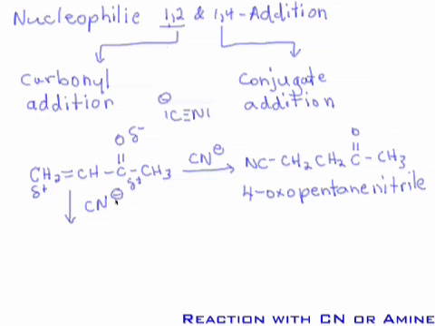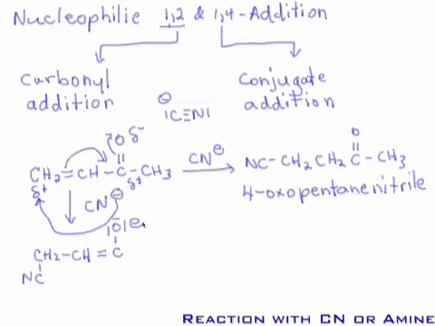To form the conjugate product, the CN minus attacks that delta plus. The pi electrons shift this way. And these pi electrons move out onto oxygen. If you do that, you get a CH2 with your CN attached to it. You get a CH double bond C O minus. You get an enolate anion.